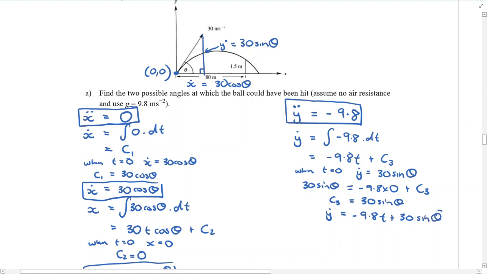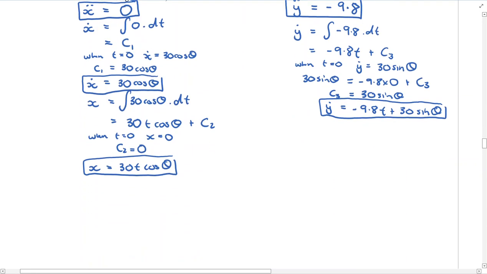One more equation to find, which is my displacement. So I have to integrate again. Remember, you're integrating the t, not the theta. So y equals integral of negative 9.8 t plus 30 sine theta dt.